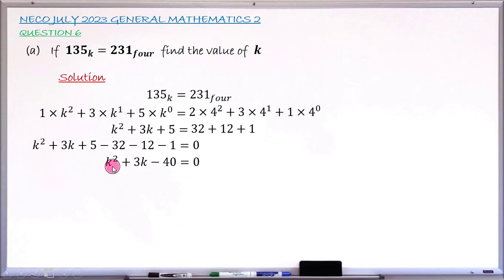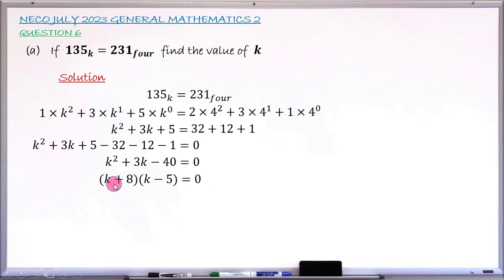You can use any method: general formula, completing the square, factorization method, whichever is applicable, to solve for k. Solving this by factorization, the factorized form of the left-hand side will give k plus 8 in one bracket, times the second bracket, k minus 5, equals 0.